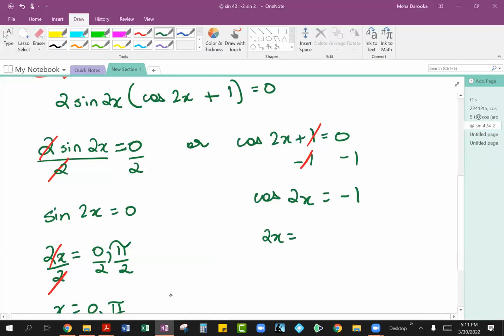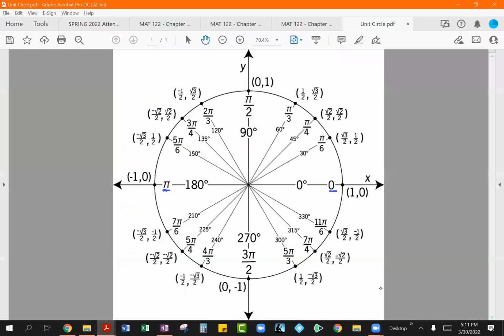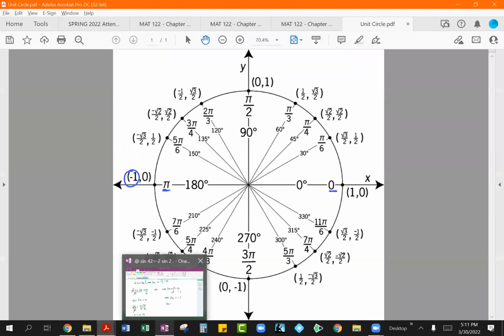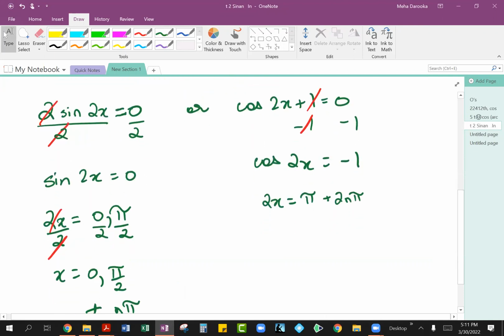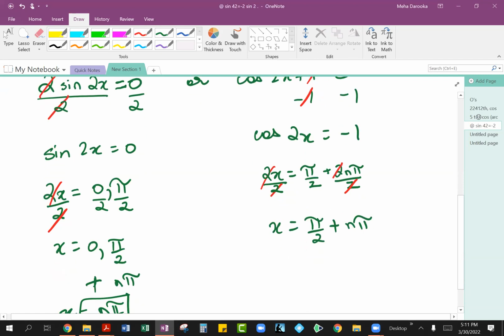Cosine equal to -1. Okay, let's see, I'm seeing something on chat. Yeah, Savannah, very nice, perfect. At pi is where your cosine function is -1. So this will be pi, and then of course, this one you will do 2 n pi because it's only at that one angle. And then same thing, divide everything by 2. And we end up getting pi halves plus n pi.